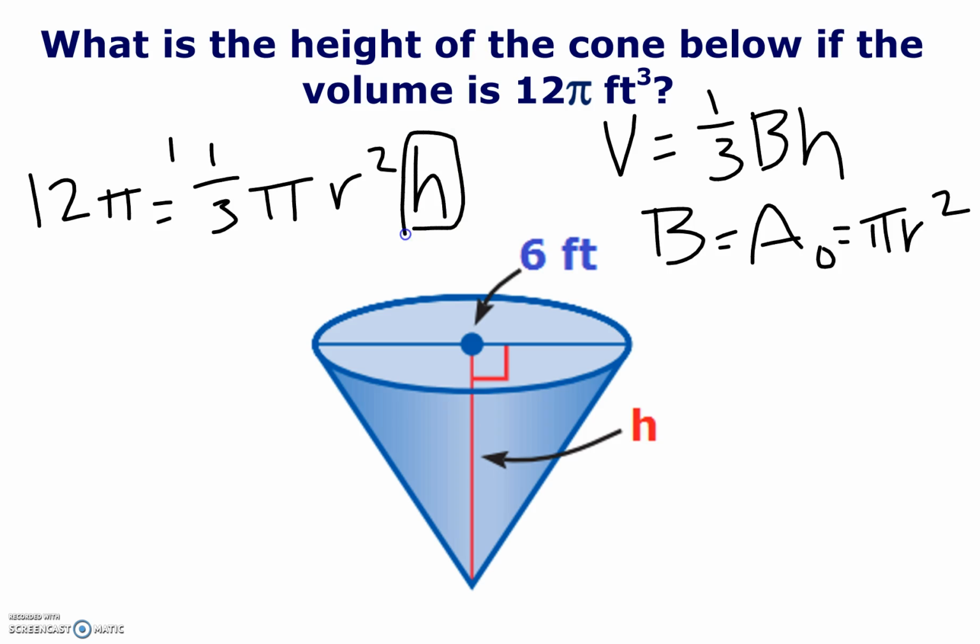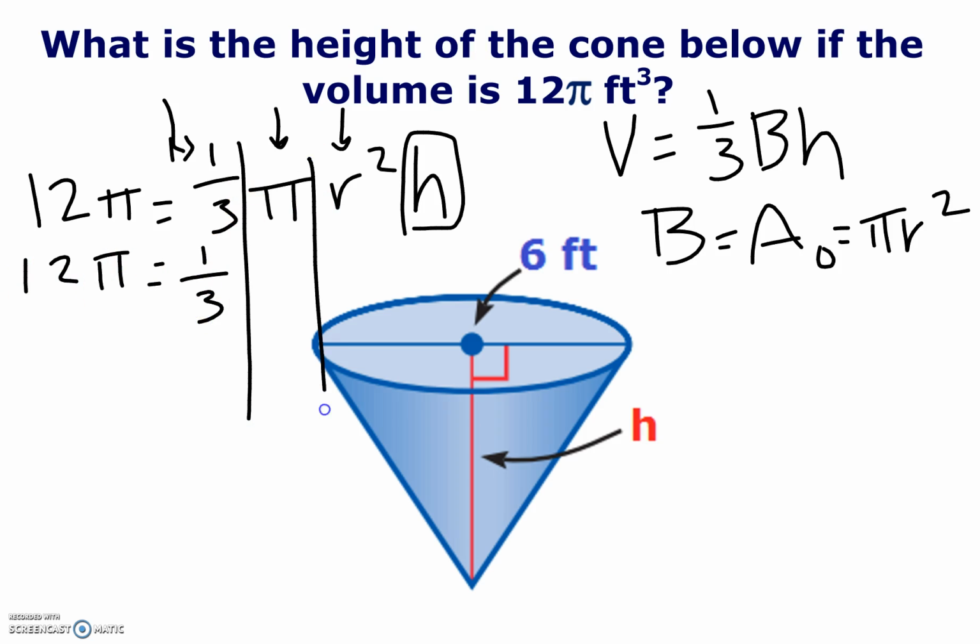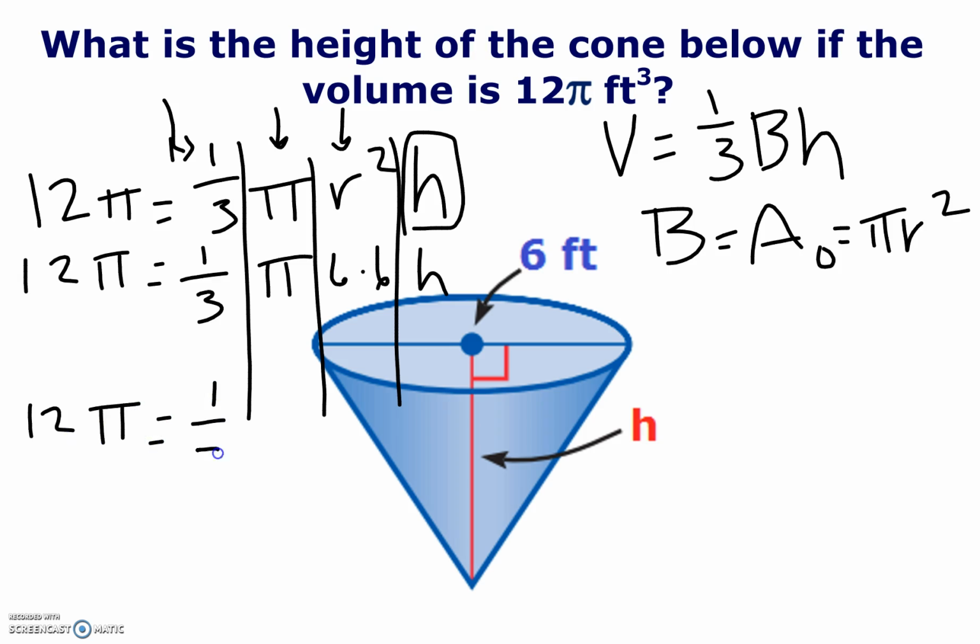Now height is what we're looking for. So I know that I need to get rid of this, and this to get it by itself. So 12 pi equals 1/3 pi. My radius is 6, so 6 times 6, and I know I'm looking for height. So I have 12 pi equals 1/3 pi 36 height.